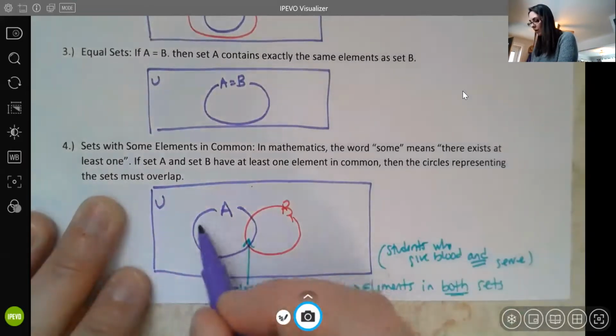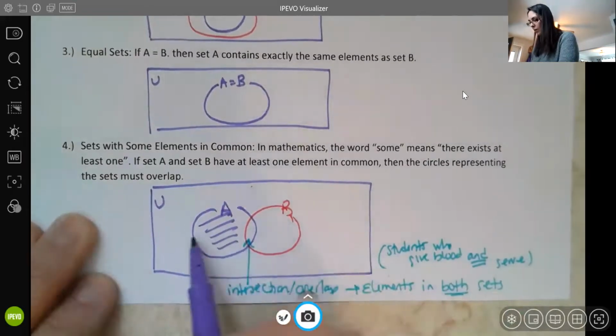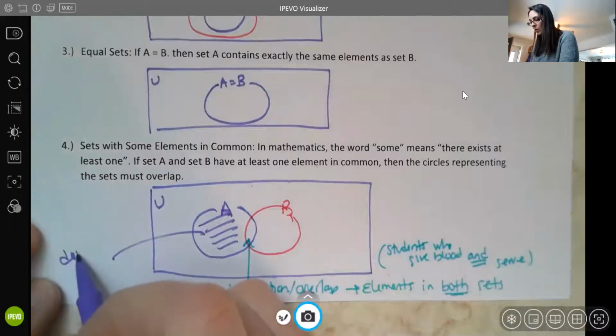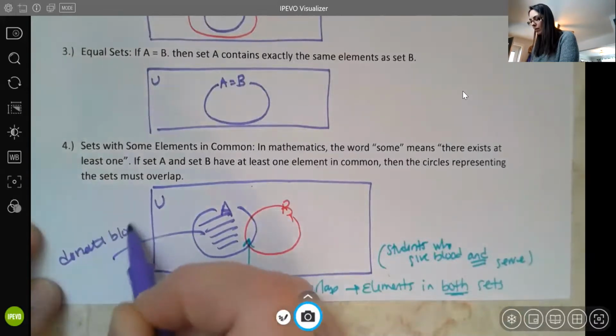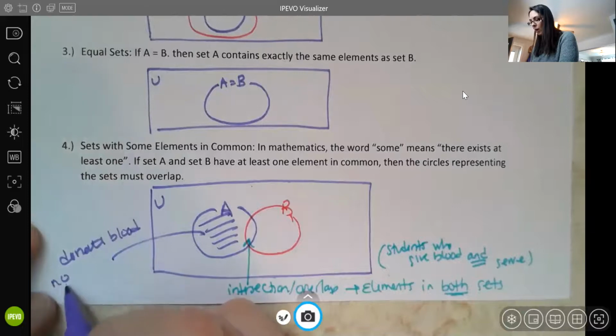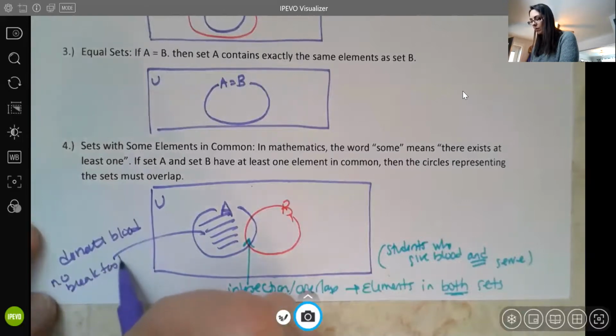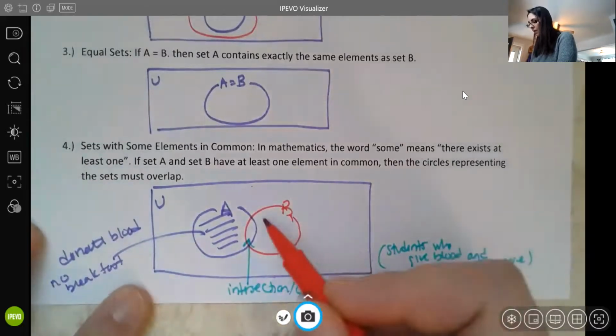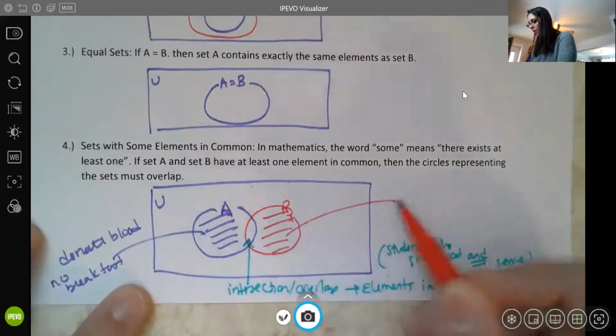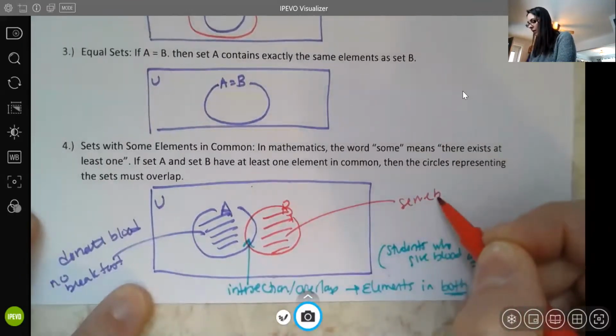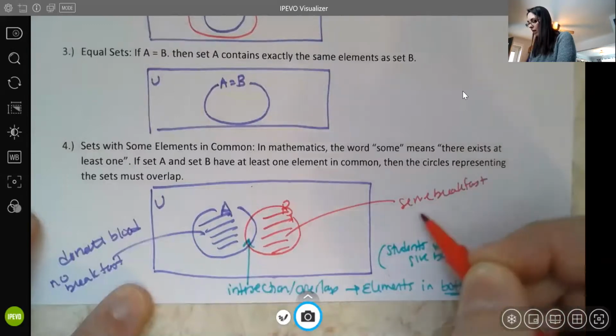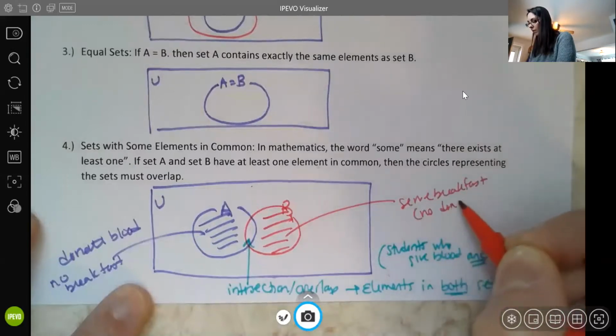Now, this group here, A, were those donating blood. So these are the group that donate blood, but no breakfast, so they won't serve breakfast. And then this group here are the ones who will serve breakfast, but they will not donate blood.